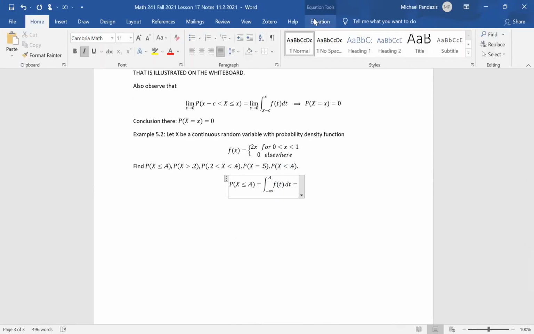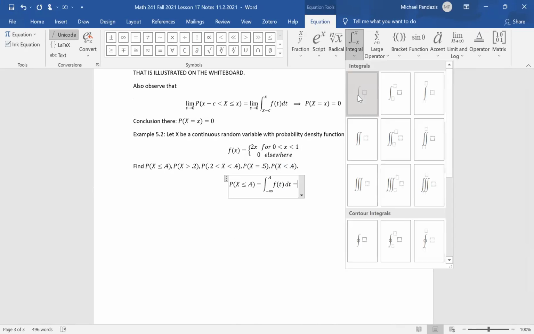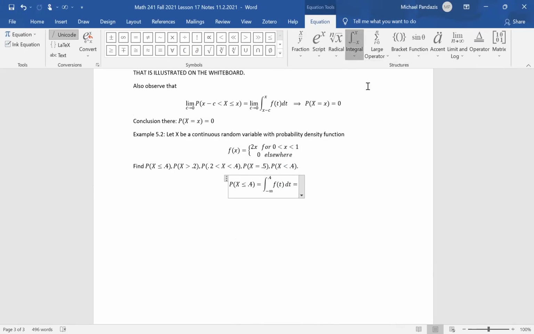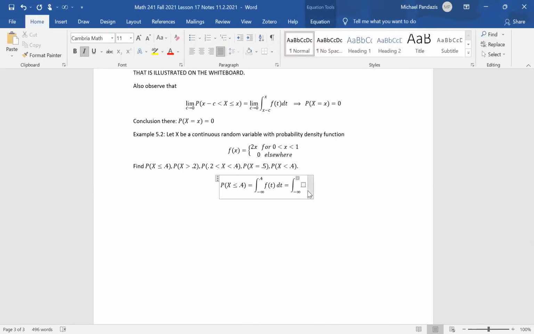And that's equal to the integral from negative infinity to 0.4 of that PDF f of x. But since it's 0 for x less than 0, we don't have to start at negative infinity. We could start at 0 to 0.4, right? And the PDF is 2x.